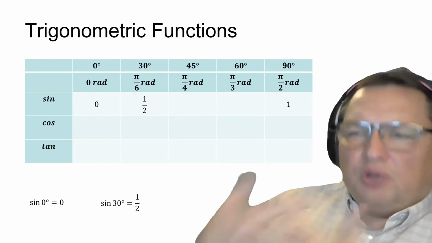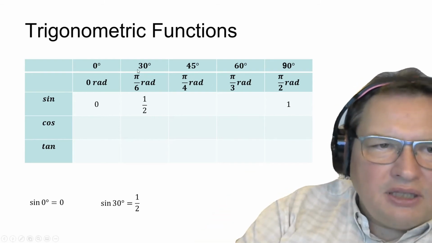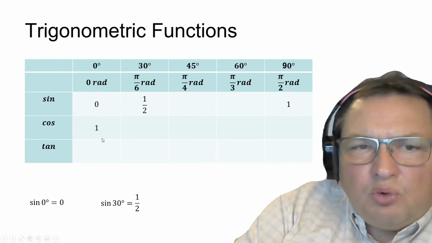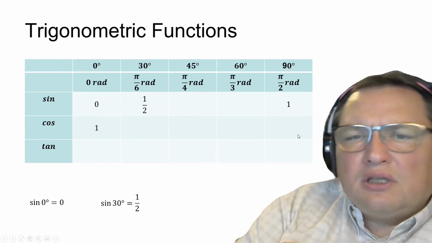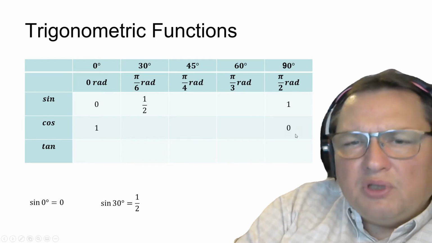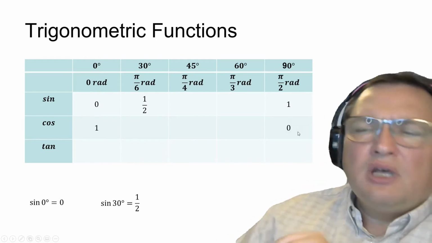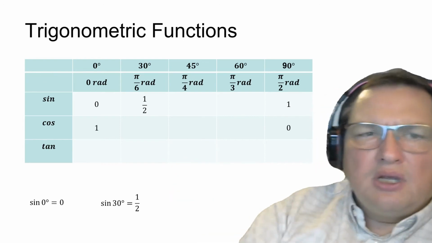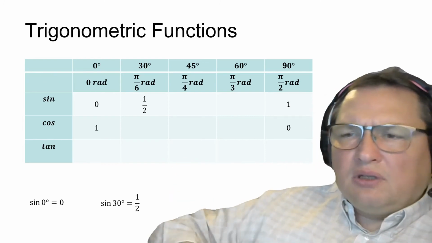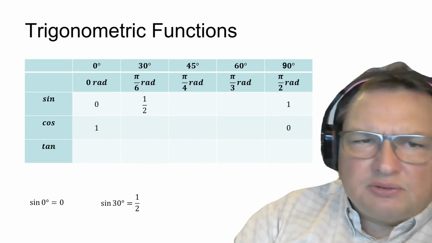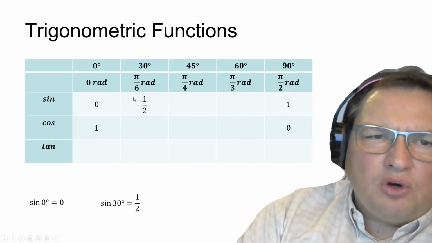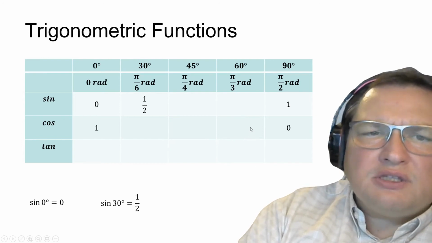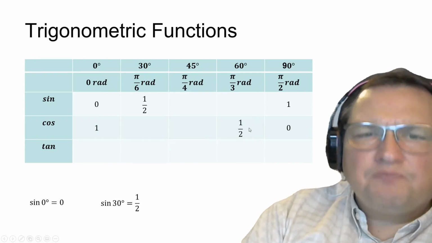Another educated guess: if sine at 0 was 0, then cosine at 0 will probably be 1, and cosine at 90 degrees, at the right angle, will be 0. In fact, sine and cosine are like mirror reflections. So we can at once put here that the value of sine 30 degrees will also be the value of cosine 60 degrees, the other side.